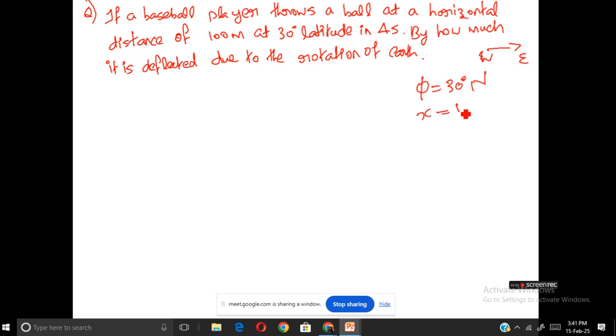So let x be 100 meters, time is equal to 4 seconds. If it is going from west to east, the deflection will be in the north-south direction. The Coriolis force we will be considering is dv/dt, which is given as minus 2 omega u sine phi.